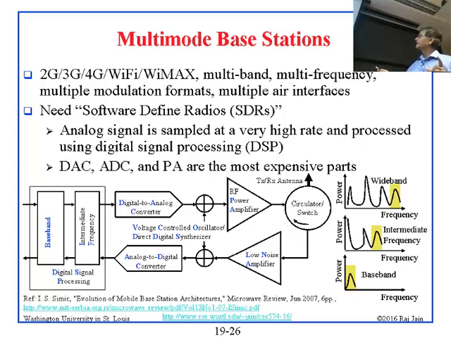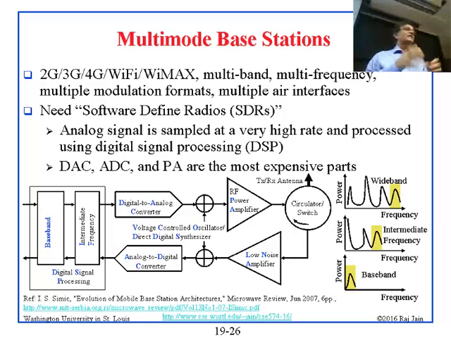And so you need software-defined radios. These are called SDRs because they use DSPs, digital signal processing. These are generally FPGAs, field programmable gate arrays, and they can sample the signal at a very high speed and then figure out what frequency it is.